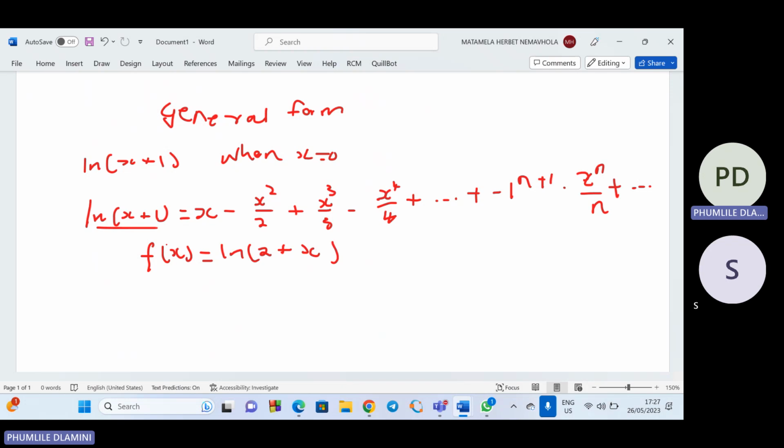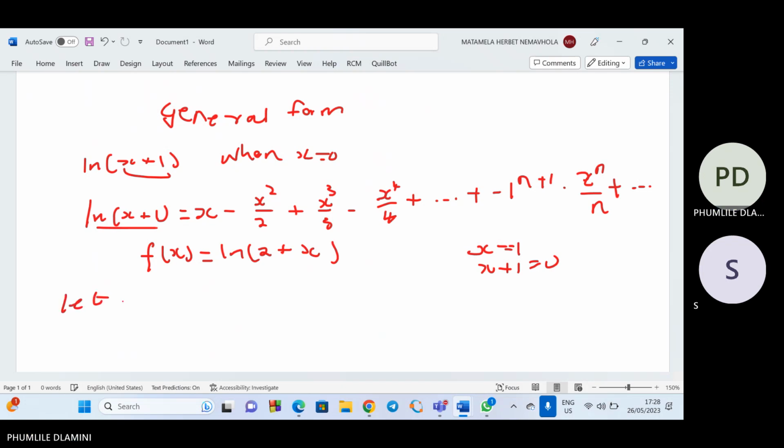Remember, our x equals -1. We can take this -1 to the other side, so it's going to be x plus 1, which equals 0.